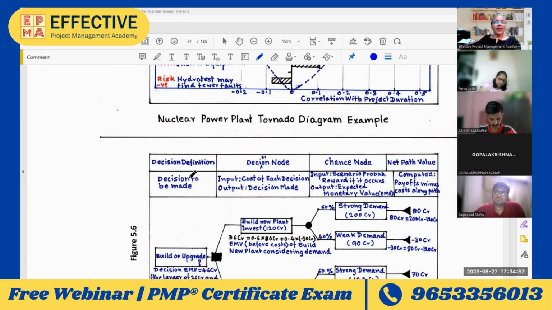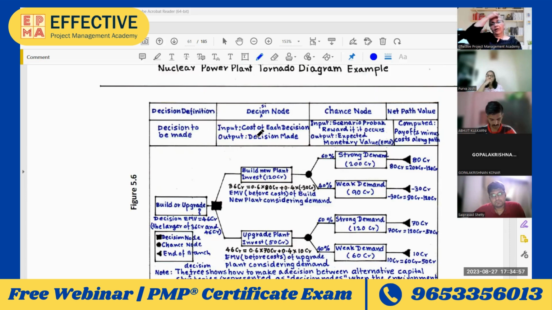And in quantitative risk analysis, this is one more tool which we many times need to use. It's a decision tree tool. For your examination, direct calculation questions will not be there, but you need to understand the calculation, because they will give you ready-made calculations to a certain level and ask you to understand which way the decision will go.